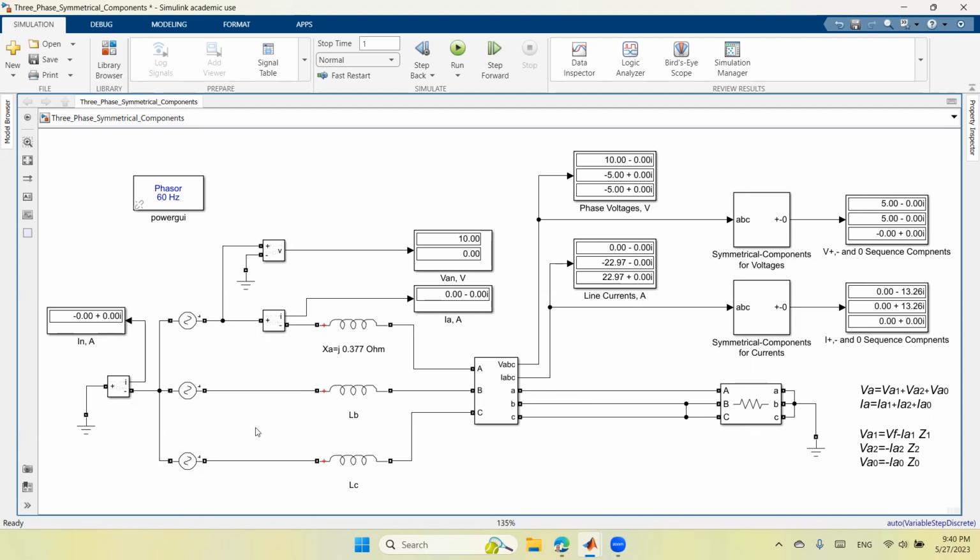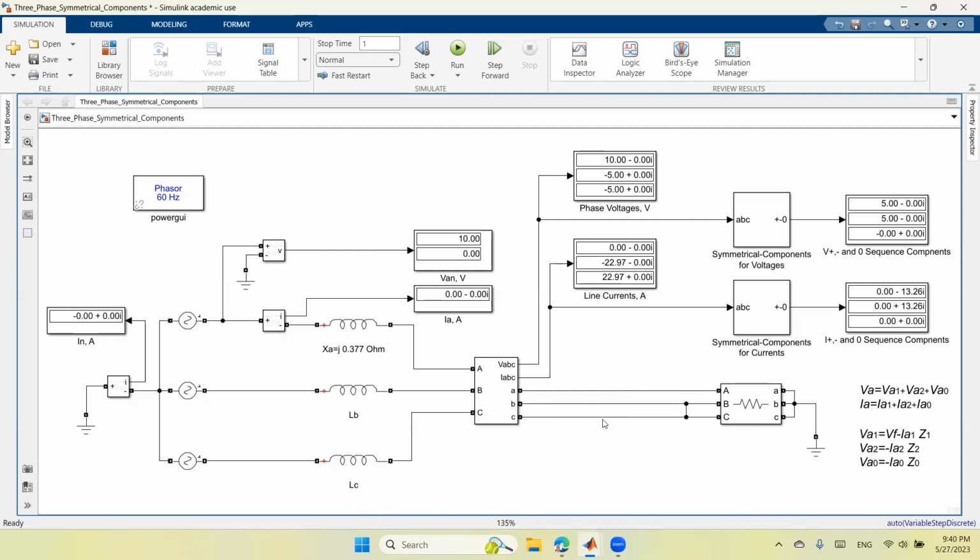So this is the only loop that we will have, composed of the two phases B and C. Ground is not involved here, and phase A is not involved as well. We have fault current in phase B and fault current in phase C. They are the same current but in opposite directions, because the current flows this way and comes back this way.